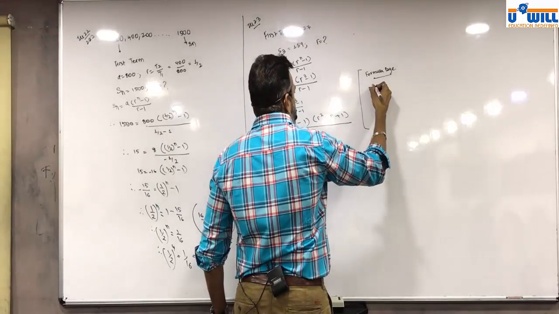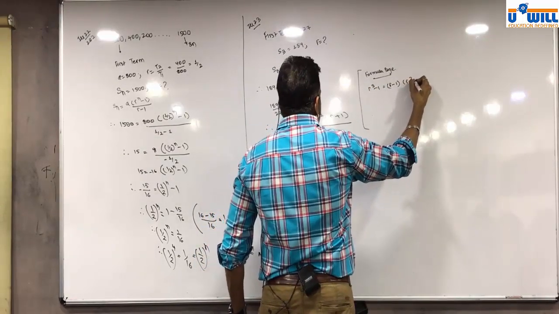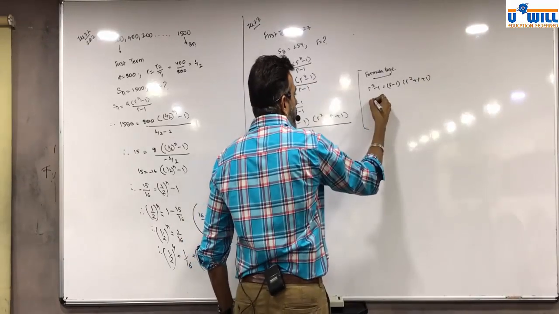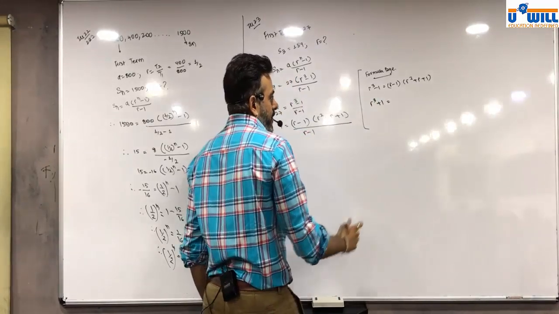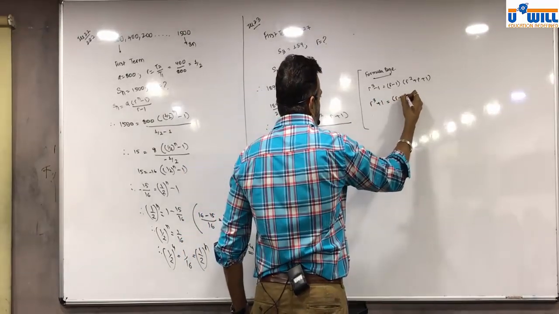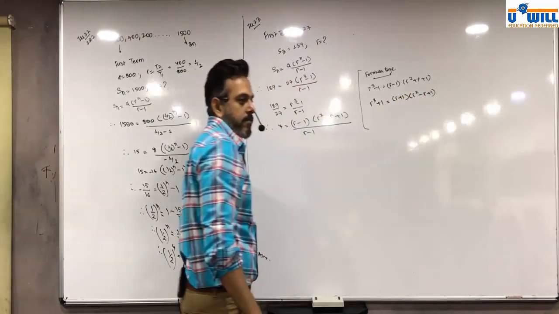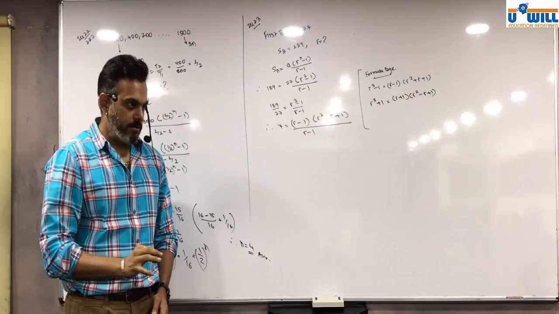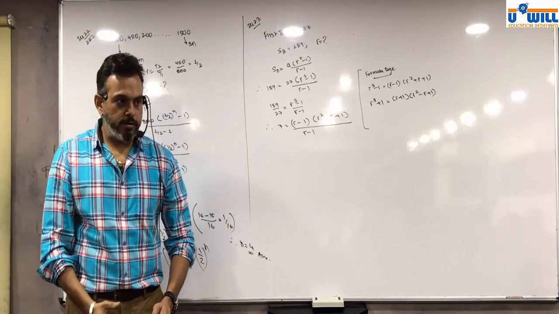R cube minus 1 is equal to R minus 1, R square plus R plus 1, and R cube plus 1 is equal to R plus 1, R square minus R plus 1. Now, if you have any doubt about such results, you take some number and try it out.